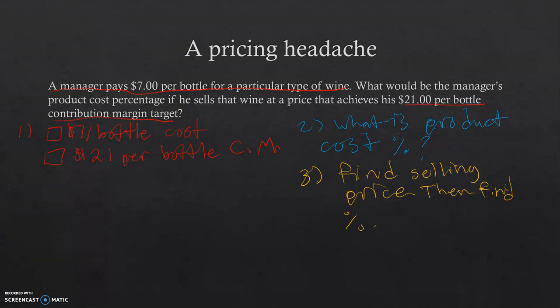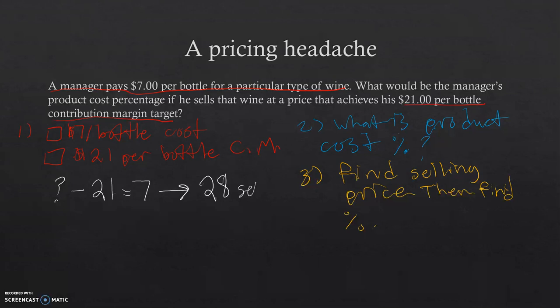So the product selling price. We know that there's a 21 per bottle contribution margin. So, what we need to look at is some amount we're charging minus 21 equals 7. That's a pretty easy question. We know that 28 minus 21 is 7.